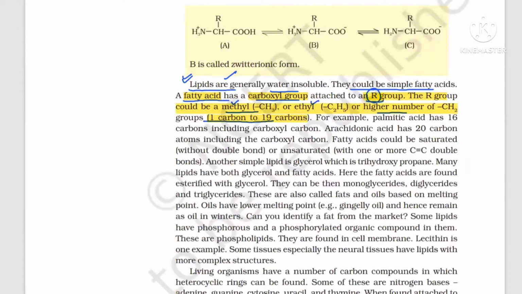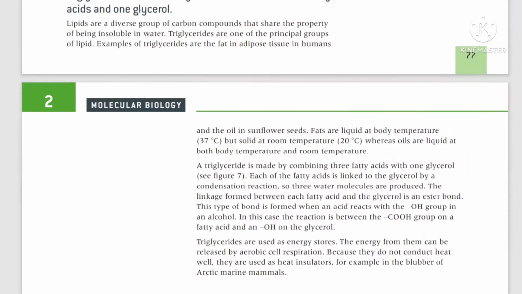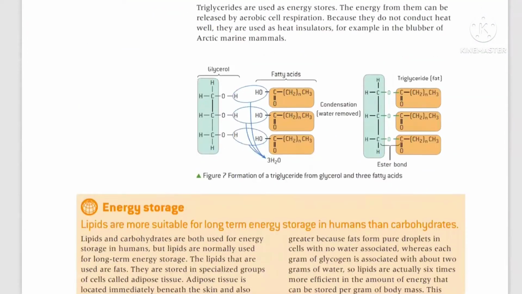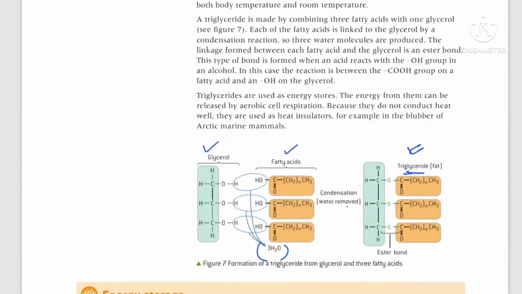Now see, beta, another book I'll show you. See carefully, right now we are making the triglyceride. With 1 glycerol, 3 fatty acids undergo condensation. A water molecule goes out. Condensation means water is removed and triglyceride is made. Clear?